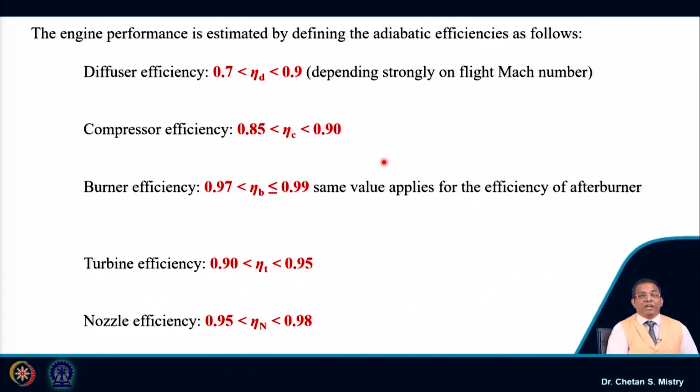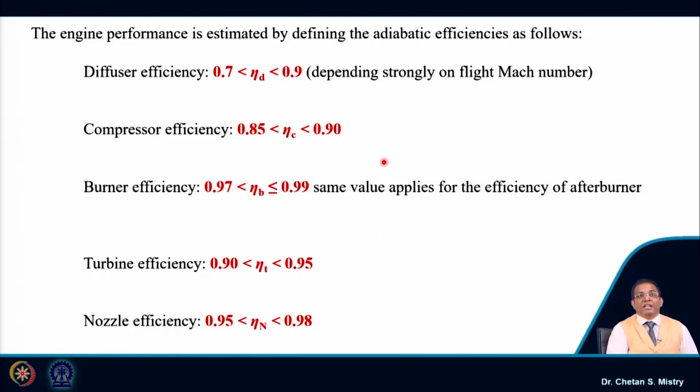So, the very first step for the cycle analysis is to have the information about these efficiencies. Mostly aircraft manufacturing companies have all this information available in a database, and they start all their calculation based on those numbers.